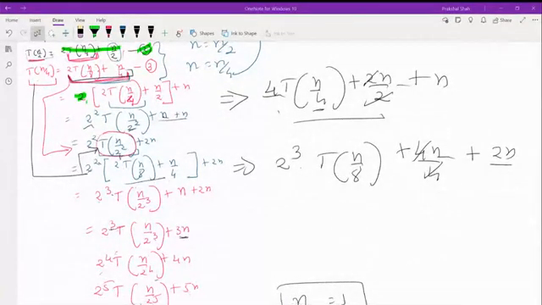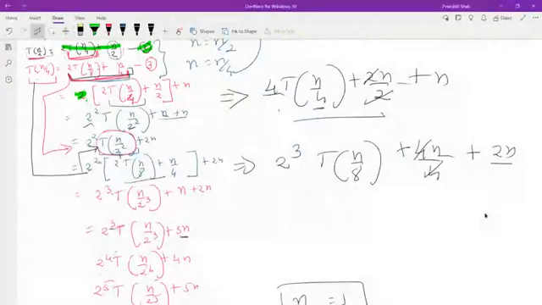Which term, Dipanshu? Can you please be generic? Or else raise your hand. Okay. Yes, Dipanshu, please ask. Which term?